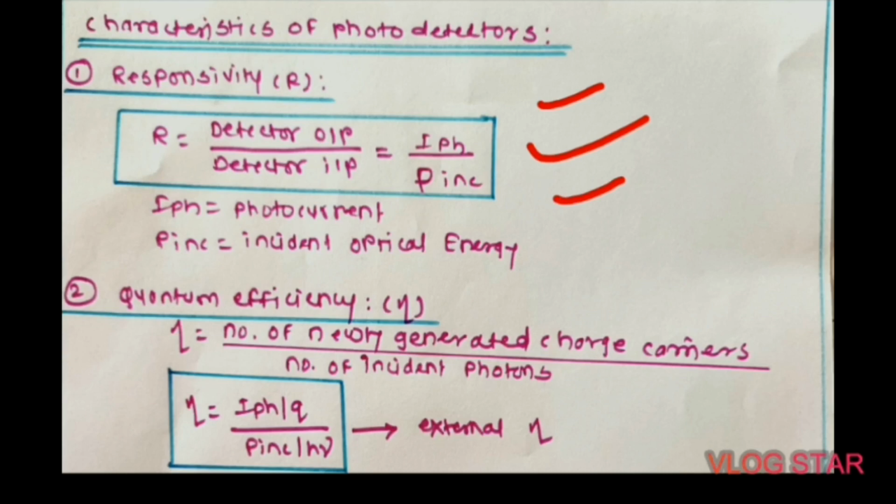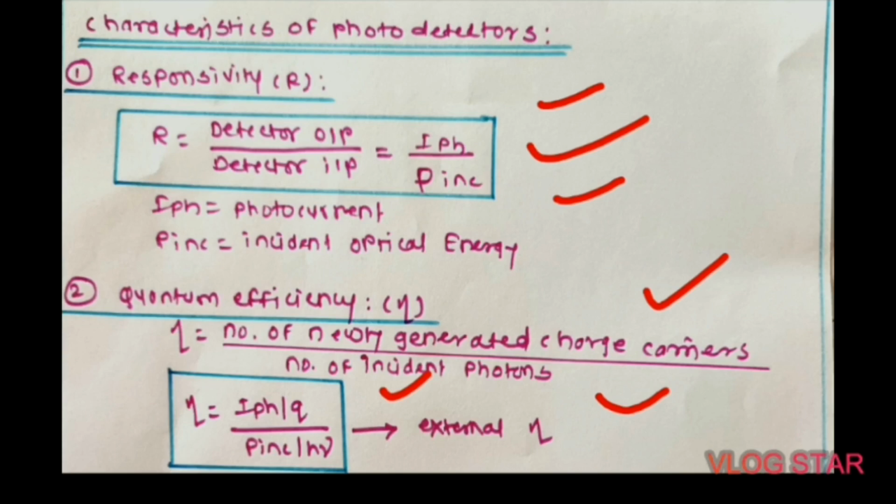Second is the quantum efficiency. It is defined as the ratio of newly generated charge carriers to the number of incident photons. That is, eta is equal to I_ph divided by q, upon P_inc divided by h nu.